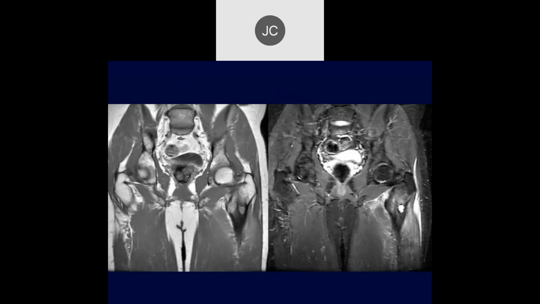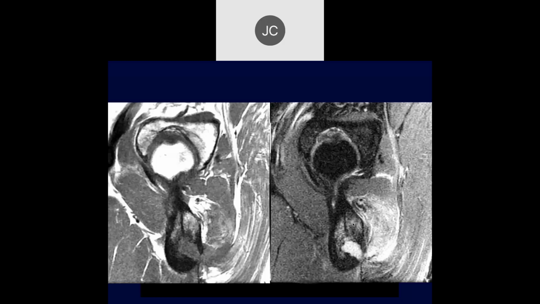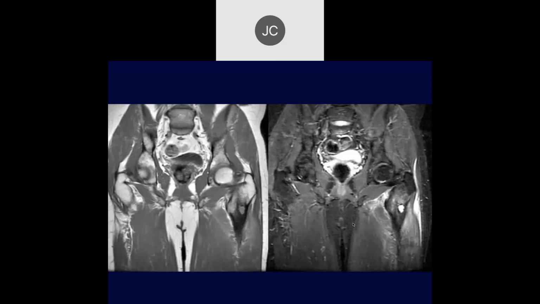Okay, so here, left intertrochanteric region, we see some fluid in the bone, surrounding edema in the soft tissues, fluid connecting to the bone with the cortical break. So what do you think's going on here?